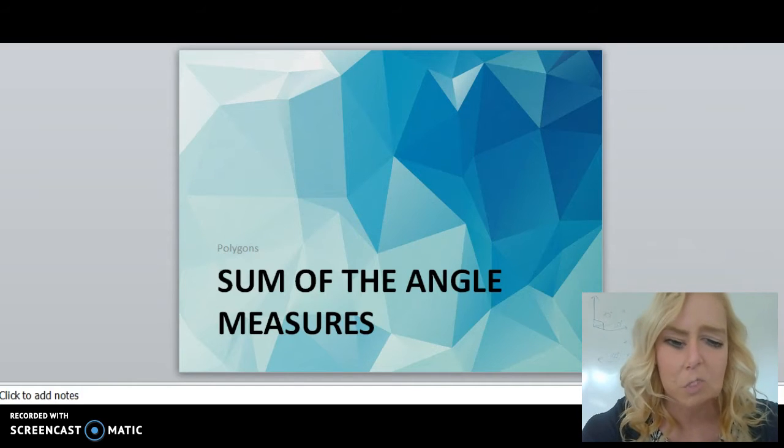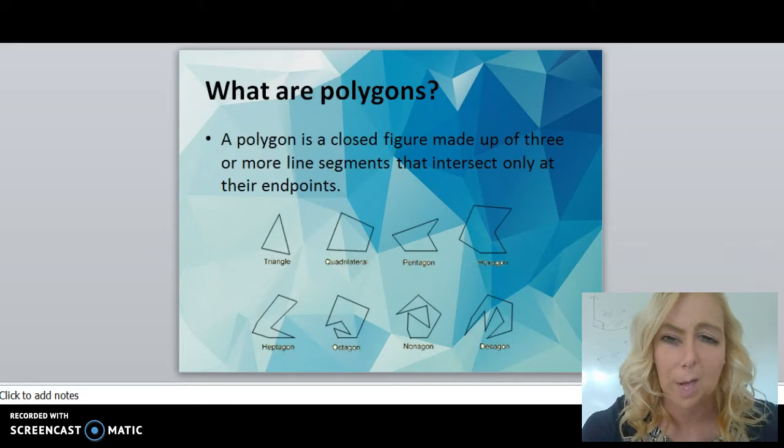Anyway, in class we talked about some real-world examples of polygons. And just to quickly review, a polygon is a closed figure made up of three or more line segments that intersect only at their endpoints.